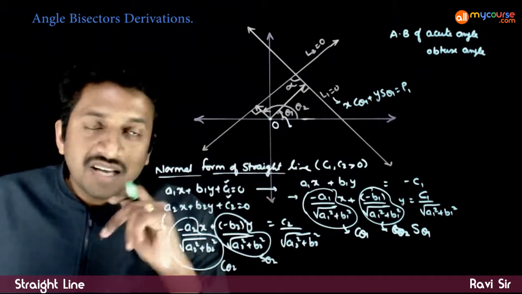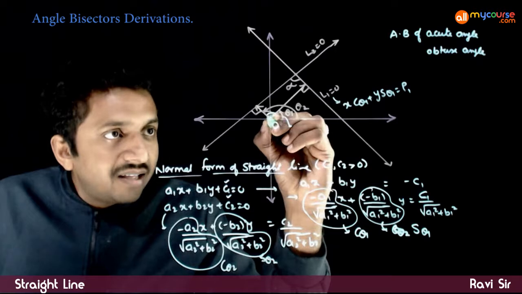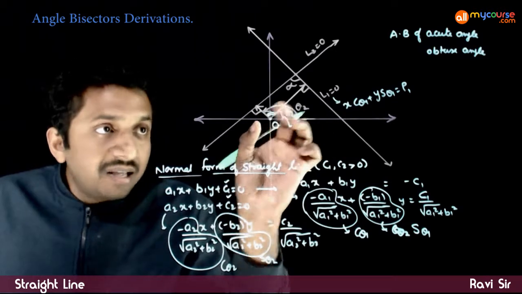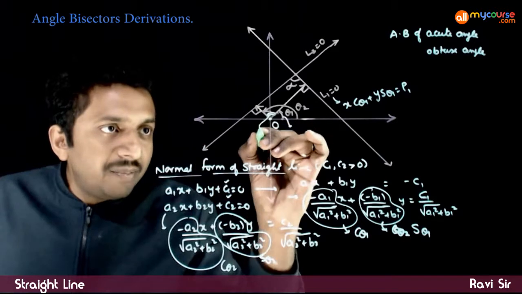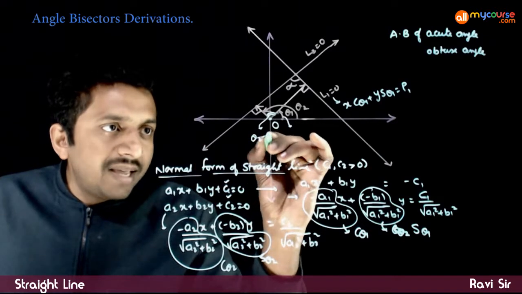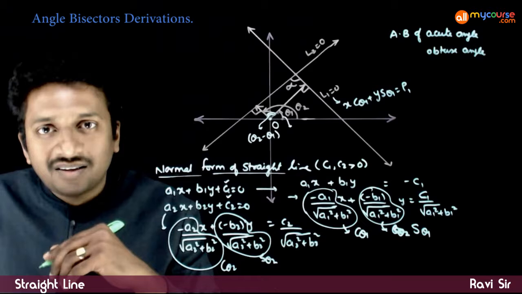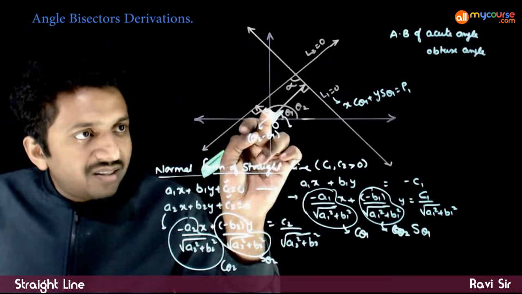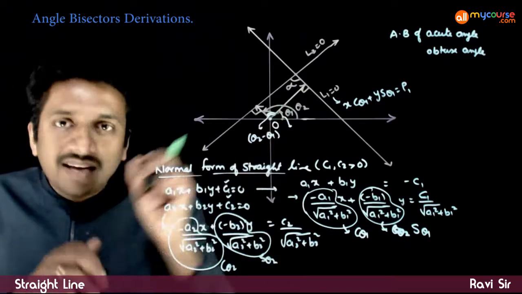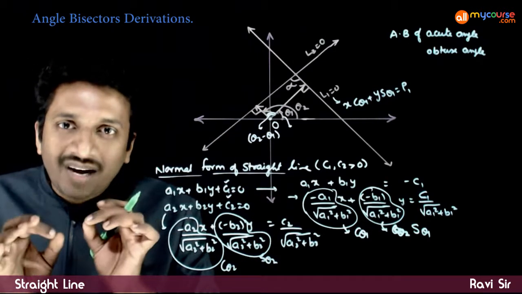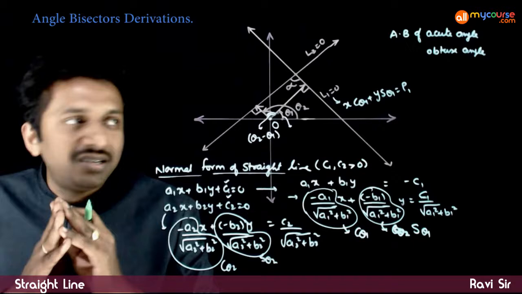Now as you can see from this diagram, what is this angle? This angle made between the normals at origin is nothing but theta 2 minus theta 1. So let me see whether this angle is acute or obtuse. To find whether this angle is acute or obtuse, let me find cos of theta 2 minus theta 1.